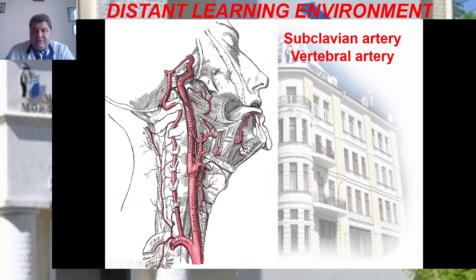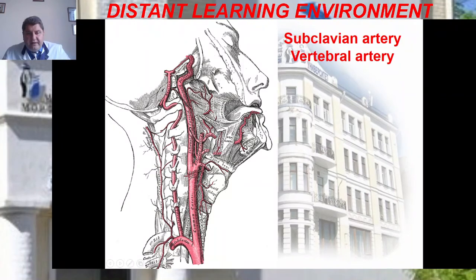This is the part of this artery from the origin of this artery in the subclavian artery, and the end of this prevertebral part is the entrance to the foramen of the 6th cervical vertebra, the sixth cervical vertebra.